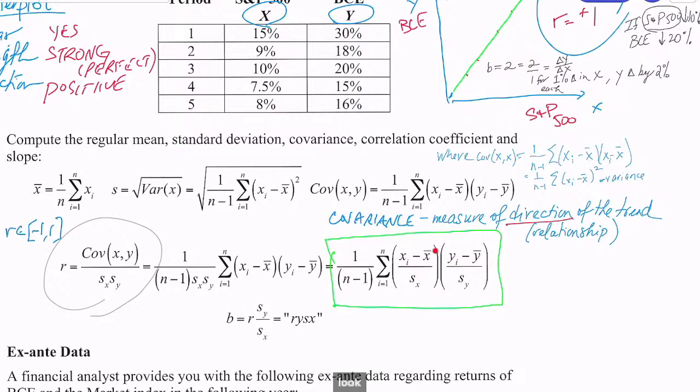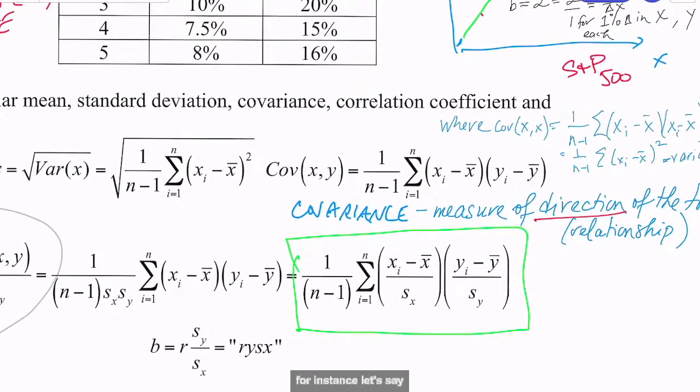Because look, this is picking up the signs. So for instance, let's say we have the relationship above here, okay?